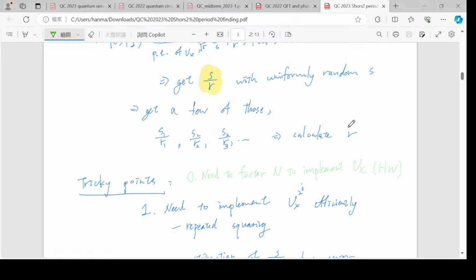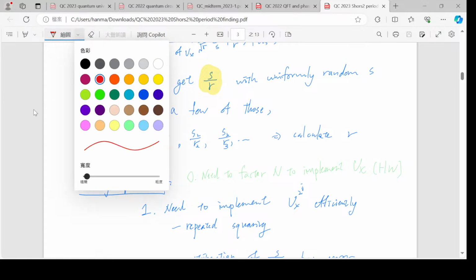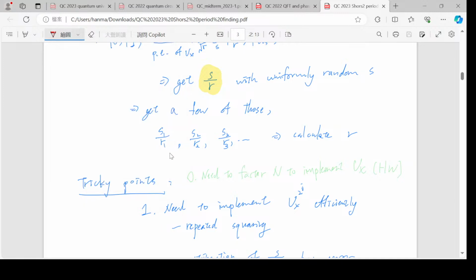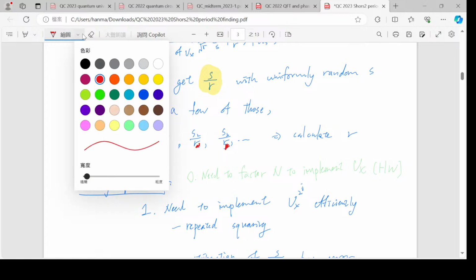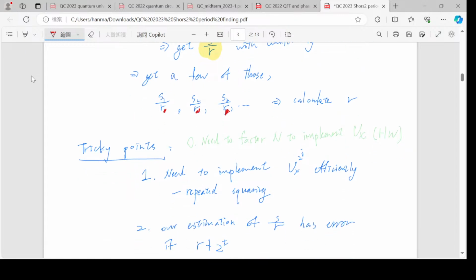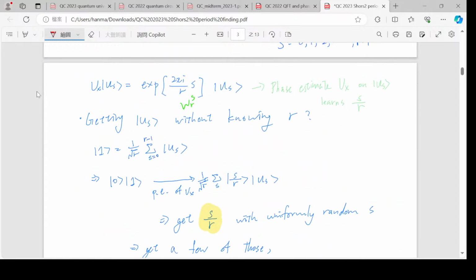We'll see later how you calculate r from this. But intuitively, you can feel that if you get lucky, then you will draw some. I will need to say what unlucky is first, but let's see that later. Okay, question so far?